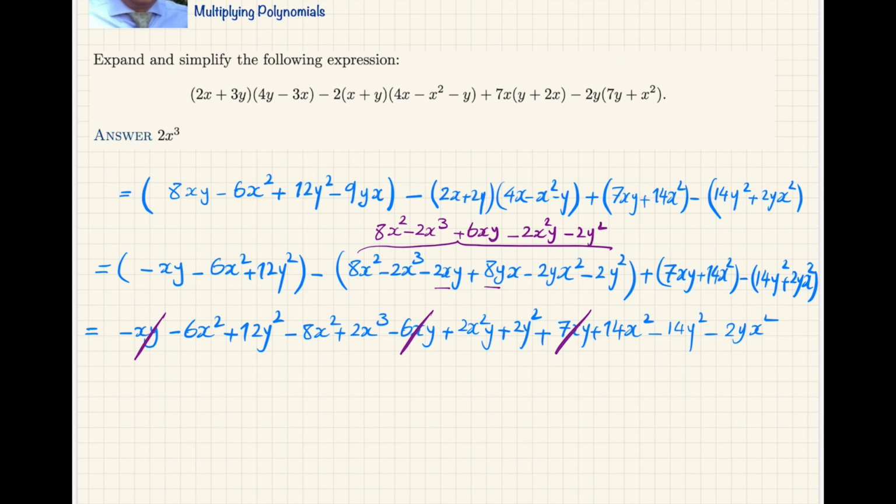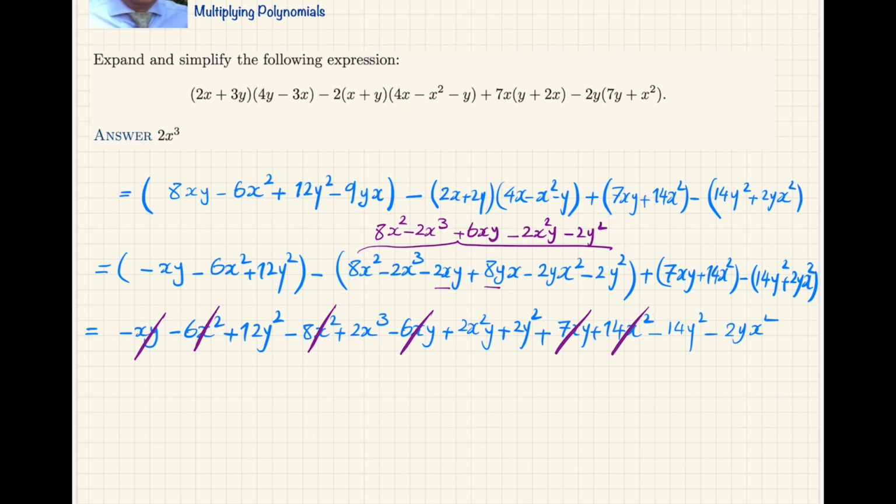So for example, what about minus 6x squared? Here this one and this one are similar, so it becomes minus 14x squared. But you see that you have a positive 14x squared here as well, so they will also be cancelled.